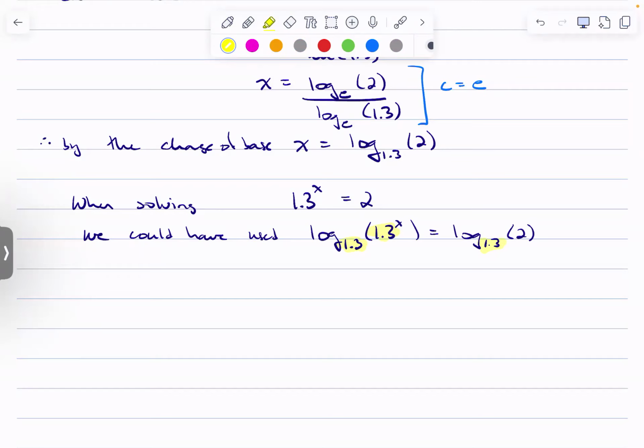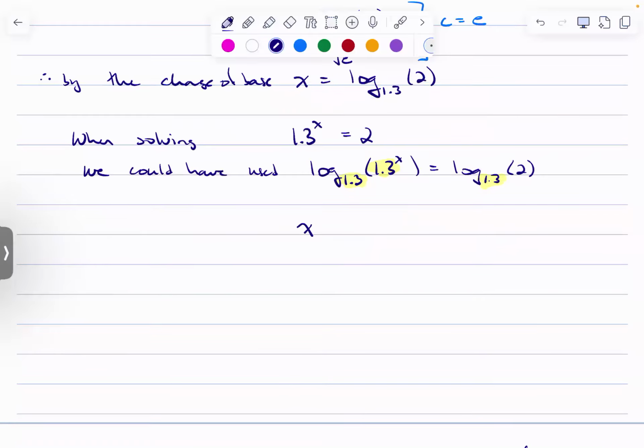Why would we want to do that? Well, let's start by saying, okay, I can use the same log property, the log law that the x, I can pull it down up front. And so now I have x times the log base 1.3 of 1.3. Let's focus here.